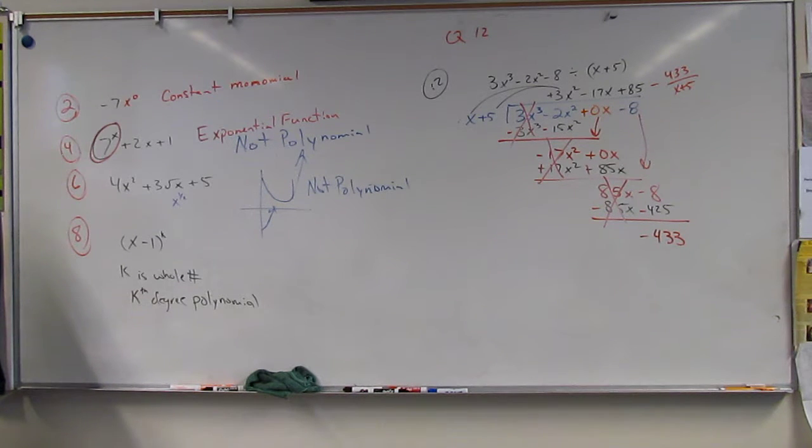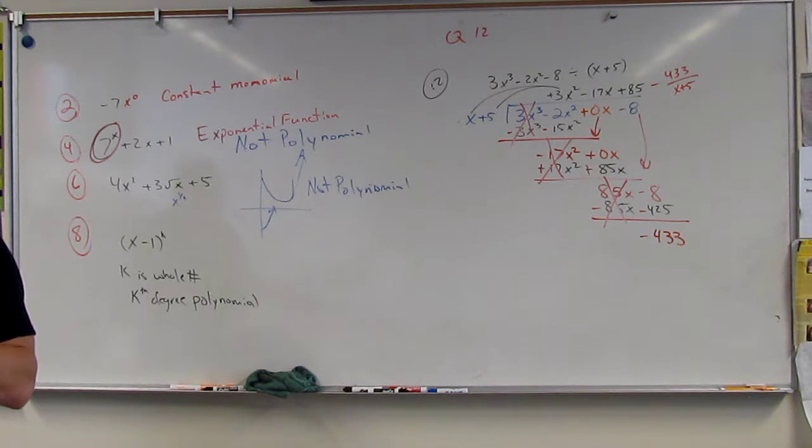Poly describes anything more than 3 in the name, but actually polynomial would describe a monomial, because a monomial is a polynomial, a binomial is a poly, and a trinomial is a poly. A polynomial isn't necessarily a monomial. Does that make sense? It's like a square is a rectangle, but a rectangle isn't a square, right?